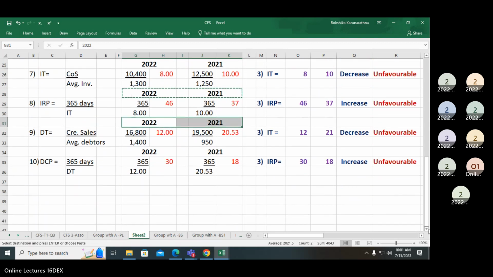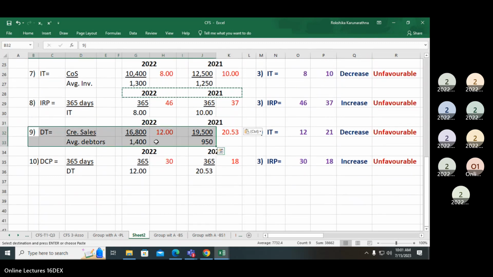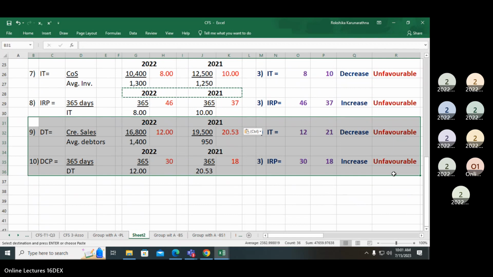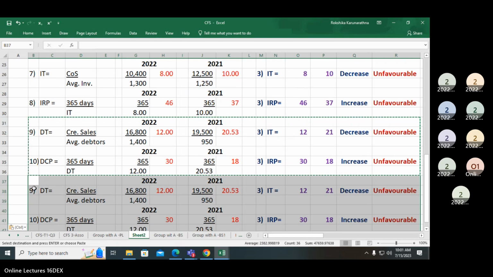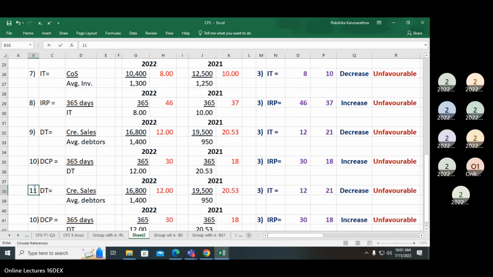Take the last two. So creditors turnover: credit purchase divided by average creditors.